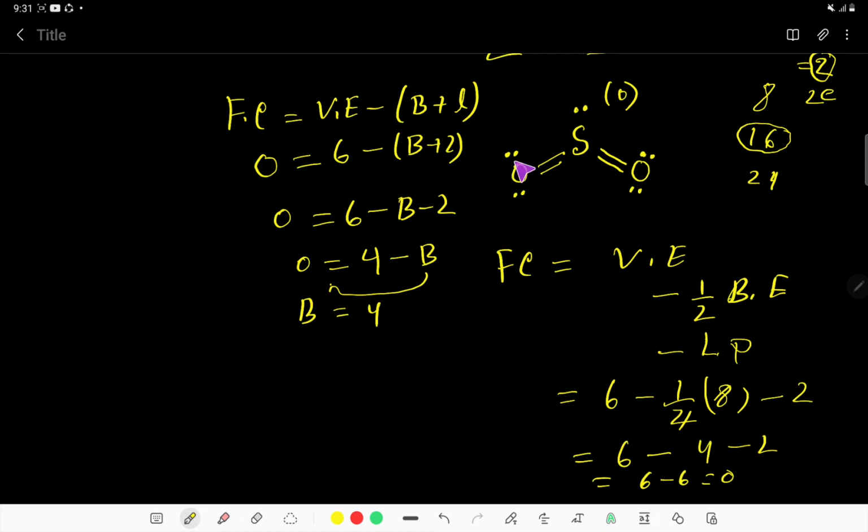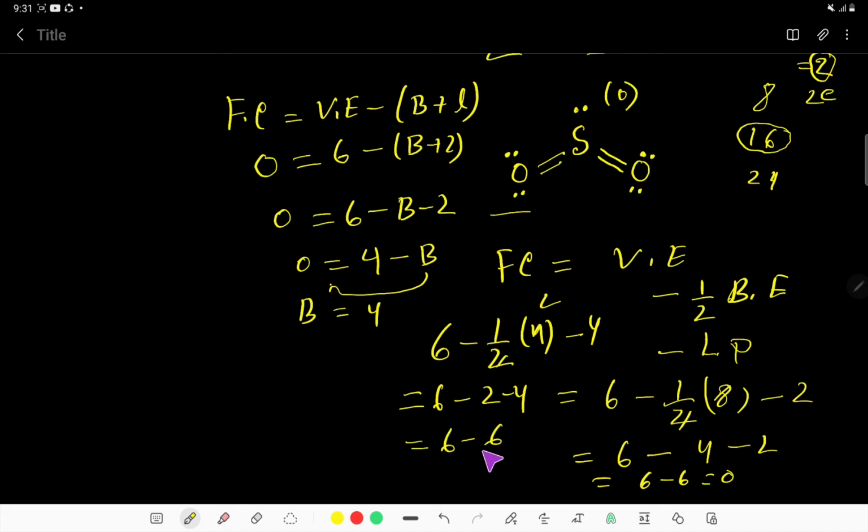And consider this oxygen. Its valence electron is 6 minus half of bonding electrons, here 2, 4, minus lone pair. Lone pair over oxygen is 4. So basically we are getting 6 minus 2 minus 4, that is 6 minus 6, that is 0.